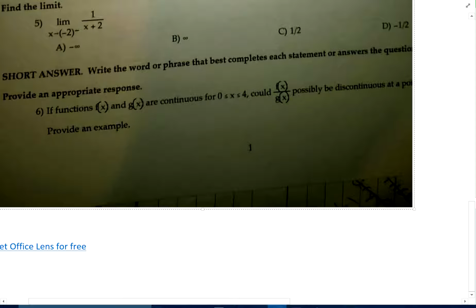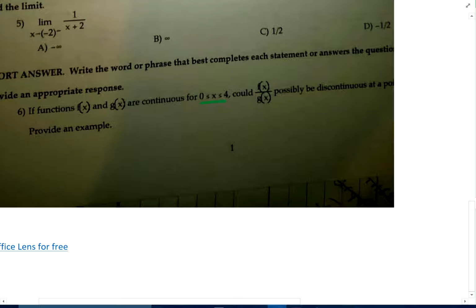F and g are continuous on 0 to 4. Could f of x over g of x possibly be discontinuous at a point of 0, 4? Provide an example. Well, how about something as simple as this?